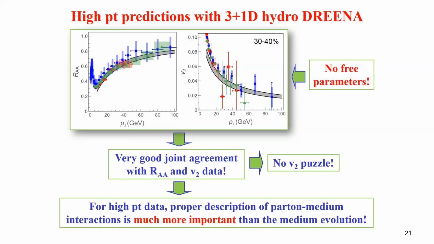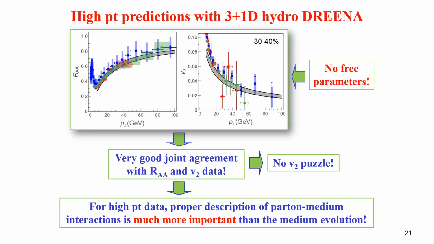So the 3+1D was run by using the model developed by Niemi, Pasi, and so on, the so-called iEBE-VISHNU model. I don't know how they calculate the centrality. As far as I understand, they use some fixed b for the centrality. Though now we are moving to event-by-event, and then we will really have centrality regions equivalent to the experiment.